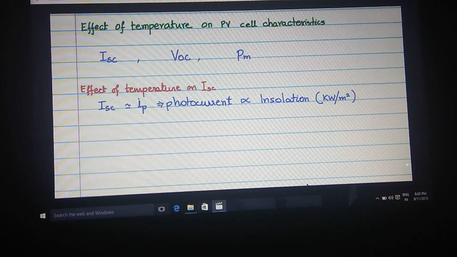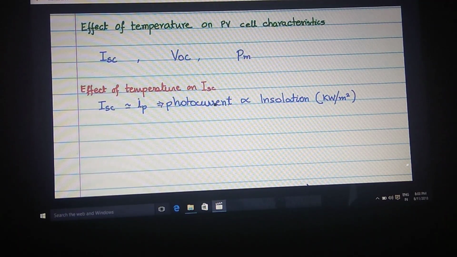with increase in temperature, what will happen to ISC? With increase in temperature, the photocurrent will increase. Why should the photocurrent increase? The band gap energy reduces.